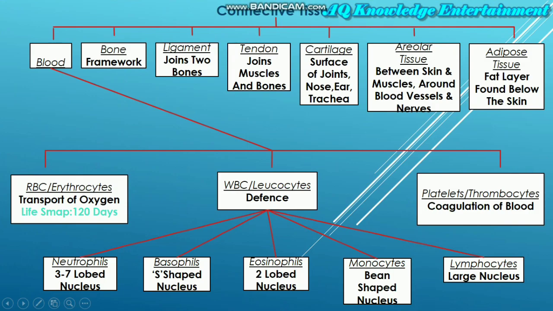Now the next type is the bone. Now obviously we know what a bone is, right? But how can it be a connective tissue? I will tell you how. Because bone forms the framework that supports the body. It also anchors the muscles and supports the main organs of the body.